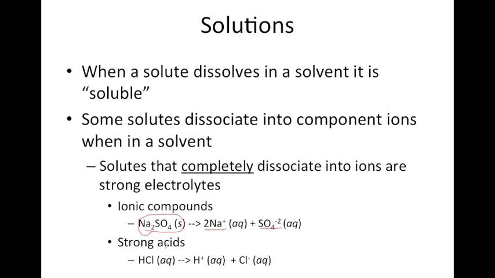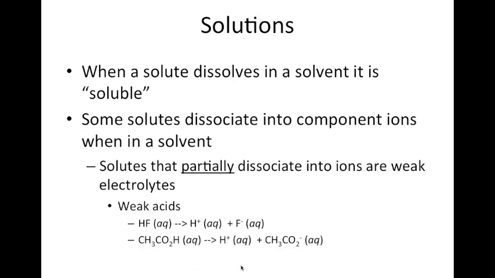Strong acids are also considered strong electrolytes. Something like hydrochloric acid will dissociate to form a hydrogen cation and a chloride anion, and so it dissociates completely into its ions, so it is considered a strong electrolyte.